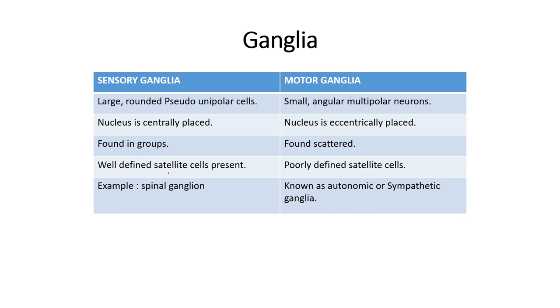They have well-defined satellite cells and poorly defined satellite cells. The examples are the spinal ganglion or dorsal root ganglion, and the autonomic is also known as sympathetic ganglia, whereas the parasympathetic ganglia are found between the muscles of the intestine, which you will study inshallah in second year.